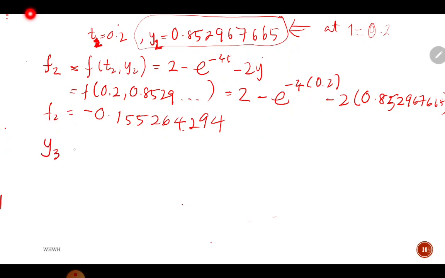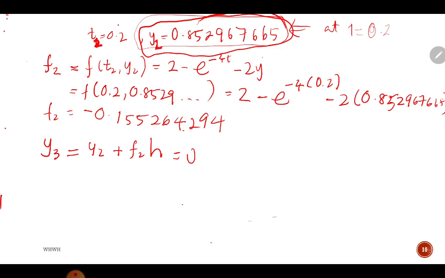Okay, dan daripada sini, bila kita dapat kita punya F2, according to the formula, kita boleh cari dah kita punya Y3, where our Y3 is equals to Y2 plus with F2 darab dengan H kan. Yang mana Y2 kita tadi asal dia ni. Okay, this is our Y2.